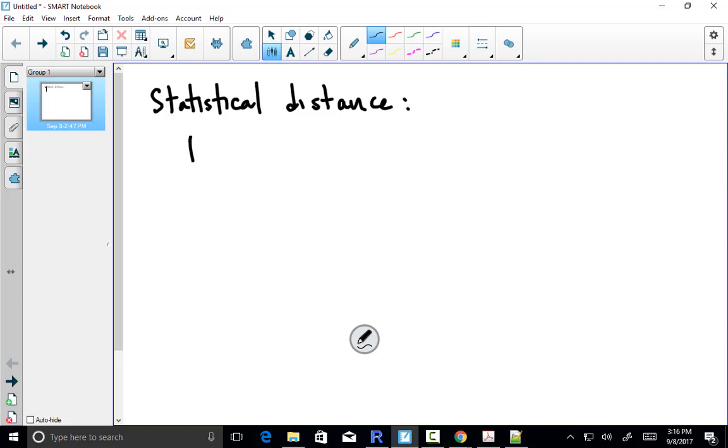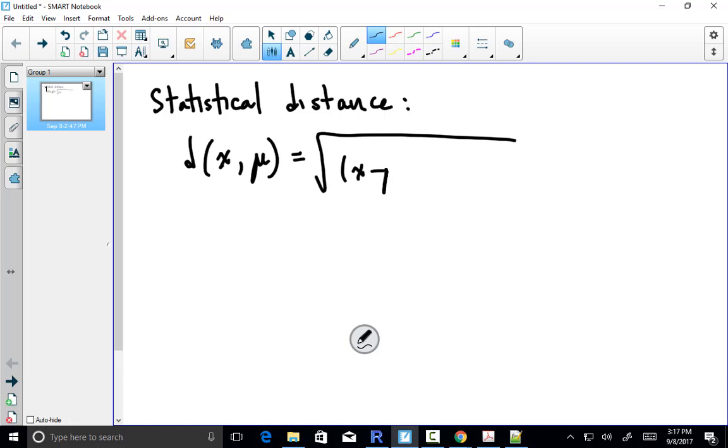For example, the distance between a random vector x and its mean vector mu is the square root of x minus mu transpose covariance matrix inverse x minus mu.